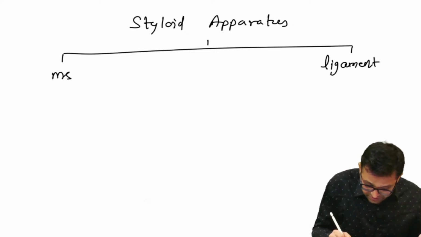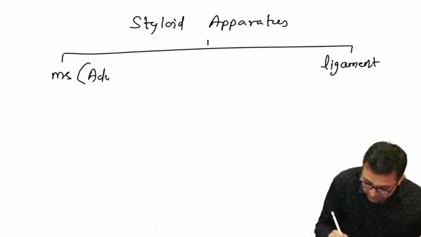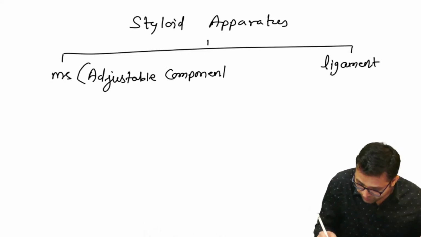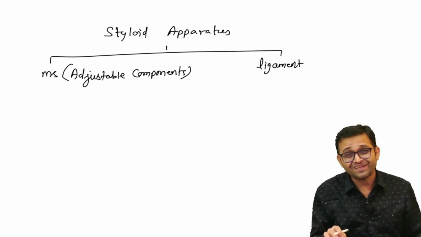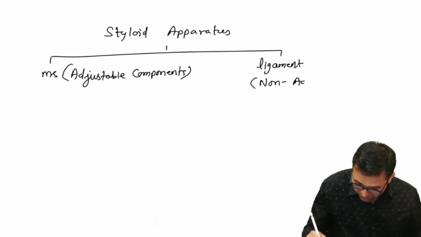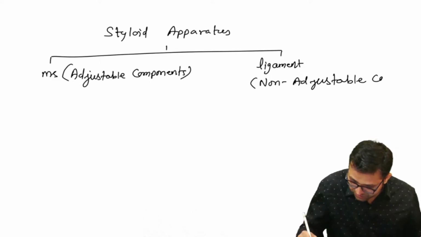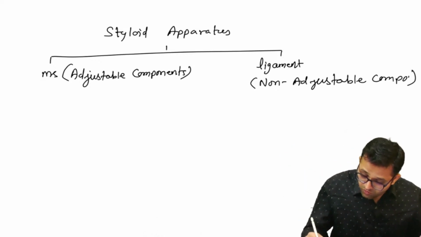Remember, muscles are contractile, so these are considered adjustable components. Ligaments are not contractile, so these are non-adjustable components. Agree?